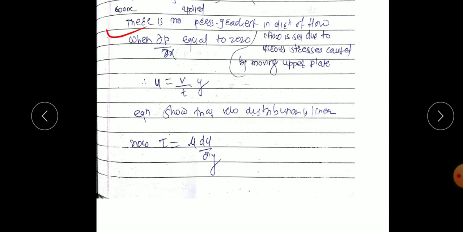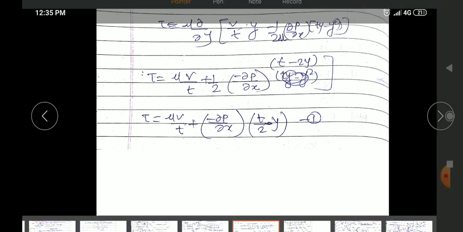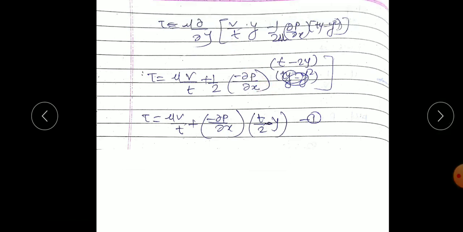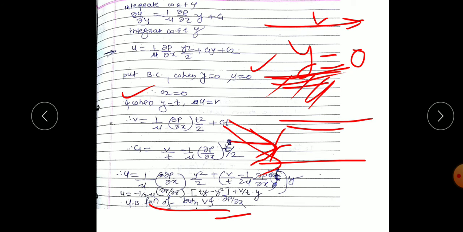Now again tau is equal to mu du by dy. So putting the u value, we get mu d by dy of V by t y, or we have already the expression for u, the total expression.